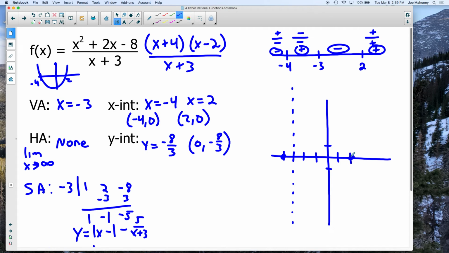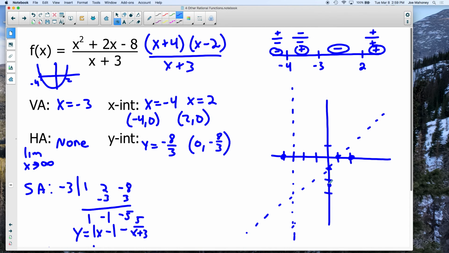And my slant asymptote is y equals x minus 1. That's going to have a y-intercept at negative 1. It's also going to go through 0, 1. The slant asymptote is going to look like that. I have a y-intercept at negative 8 thirds. That's a little bit more than negative 2.